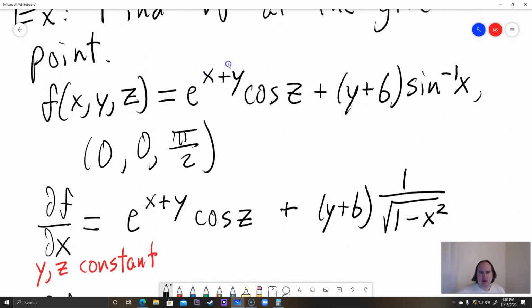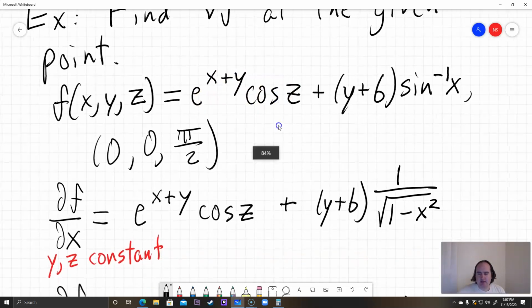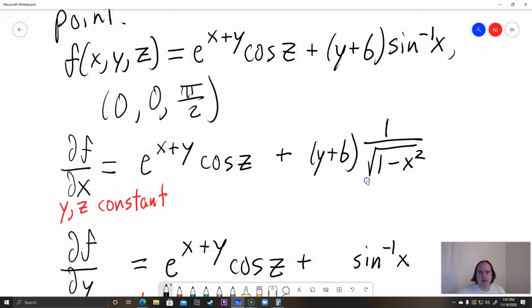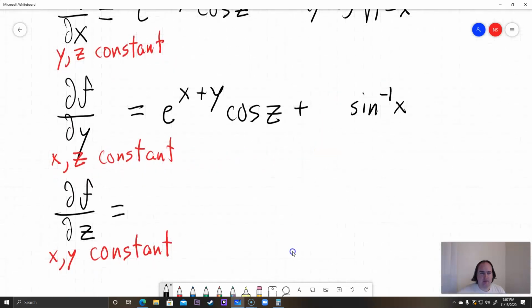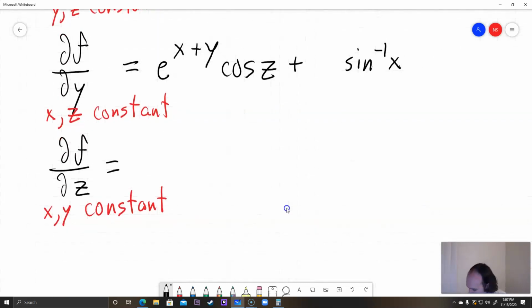Since x and y are constant, that means e to the x plus y is constant, so it just stays along for the ride. And the derivative of cosine of z is negative sine of z. So we're going to have e to the x plus y times negative sine of z, or negative e to the x plus y times sine of z.